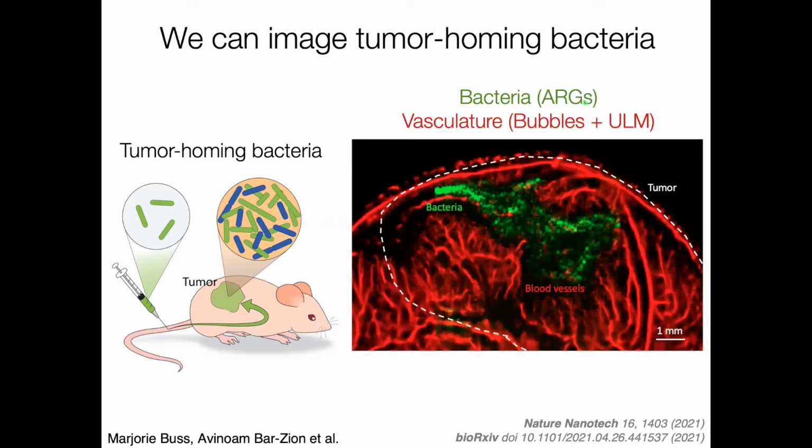So in green is the signal coming from our bacteria inside the tumor. We can see where they're distributed. In red is the vasculature using something called ultrasound localization microscopy, where we can get really high resolution images of the vasculature in the tumor. The reason I like this image is because it really highlights the advantage of these bacteria, because normally when you administer drugs to a tumor, they have trouble getting beyond the vascularized regions, right?